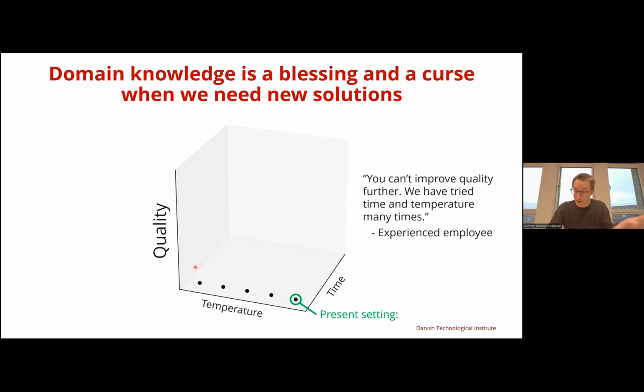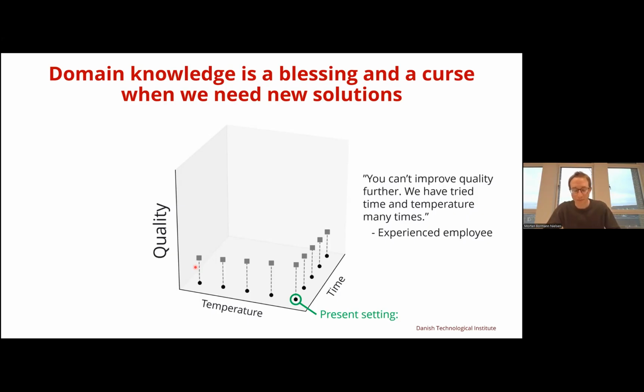Now, if we went out and repeated what this employee has done and changed the temperature, we actually see that changing temperature decreases quality. And if we change time in the way that our colleague has done, quality also doesn't improve. So in principle, our colleague here is not wrong, or they have actually a good reason to say what they're saying.